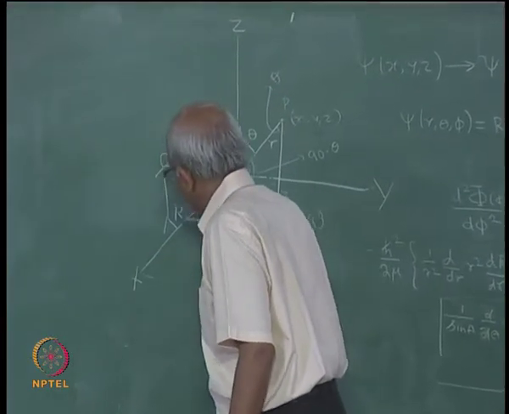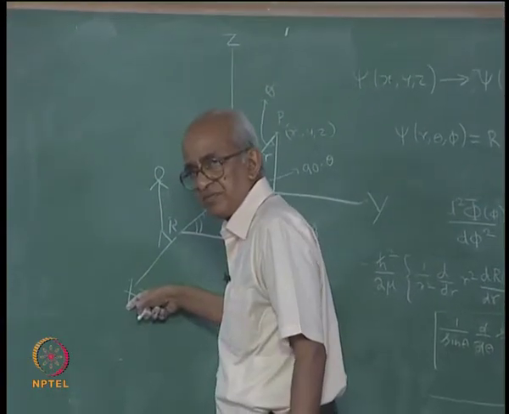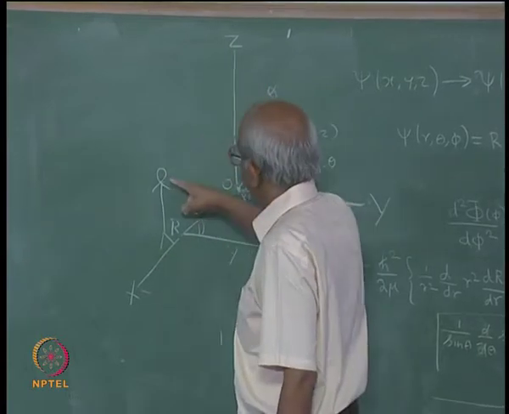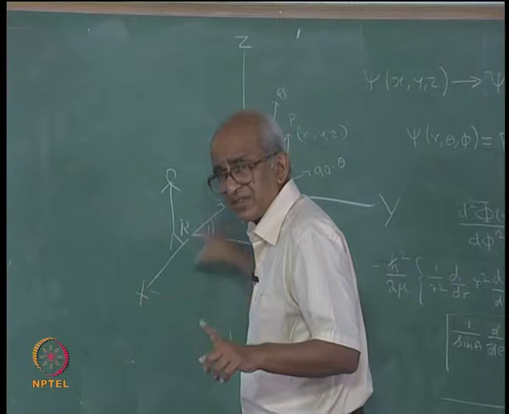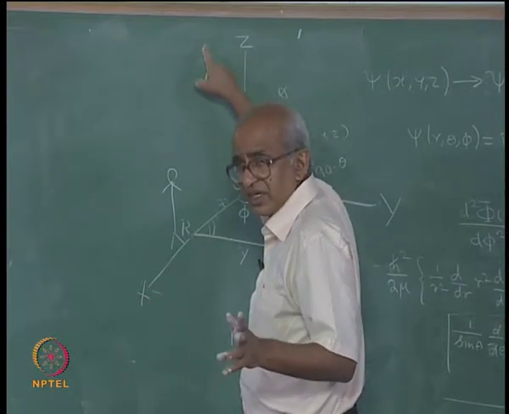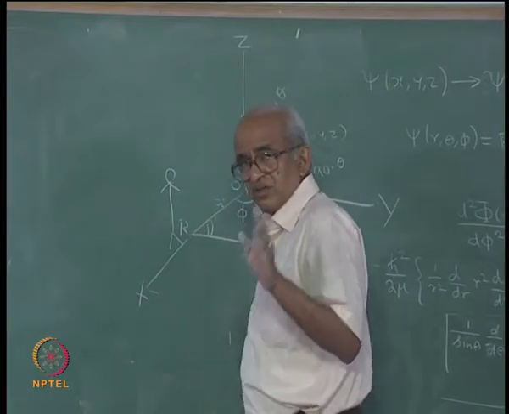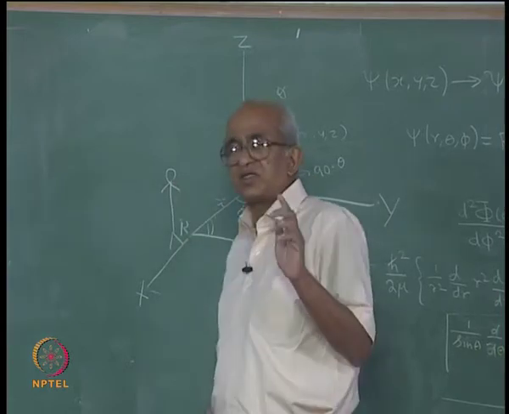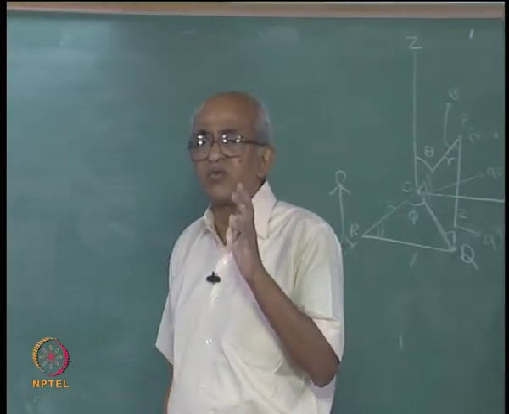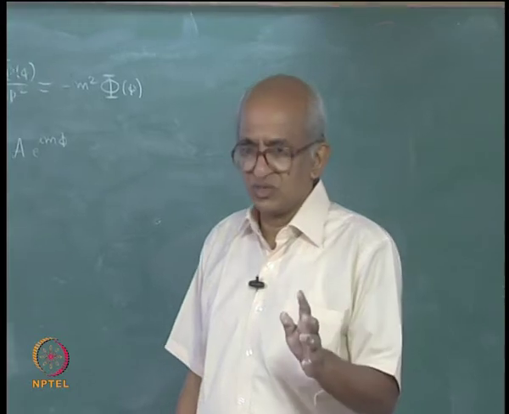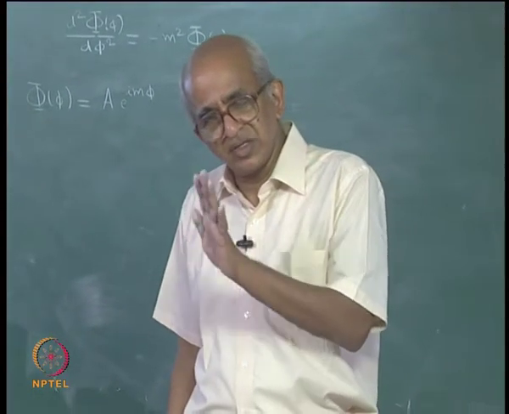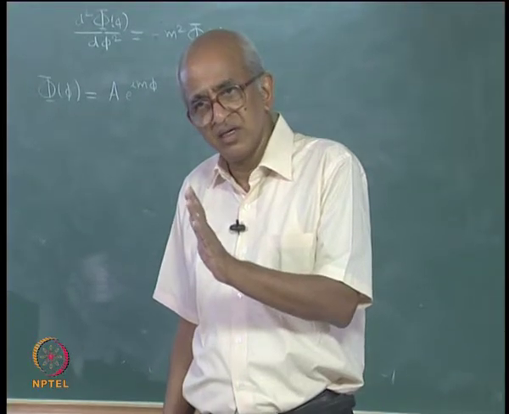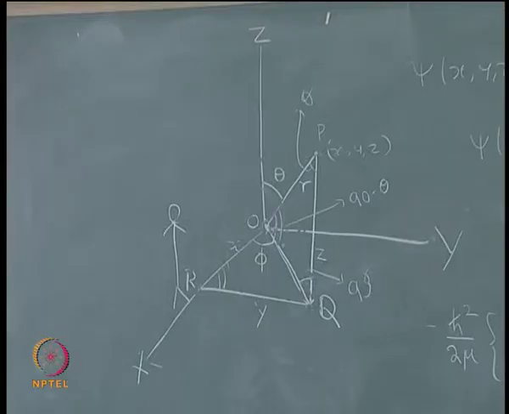Okay, this is the positive x direction and that is the z axis. So, my head is in the plane formed by the positive x axis and the z axis. So, if that is where I was standing, then you know that the value of phi is equal to 0. But you can also say that in the same plane the value of phi can be thought of as 360, which is 2 pi radians.